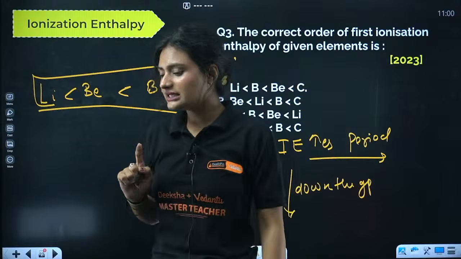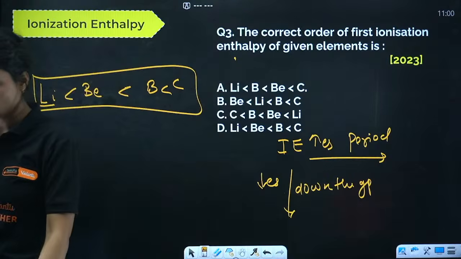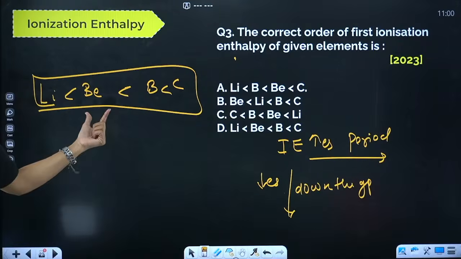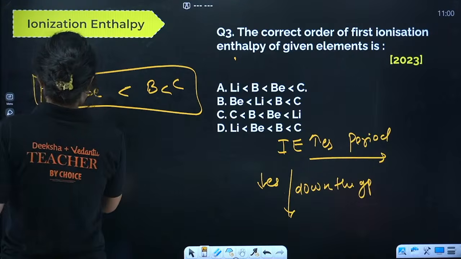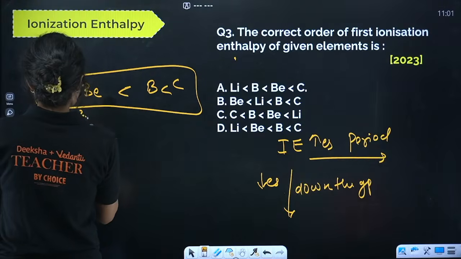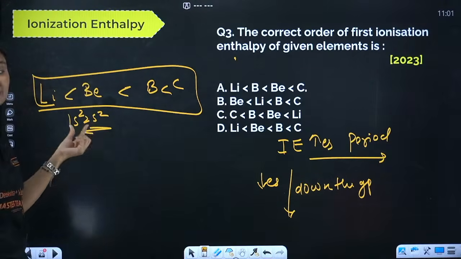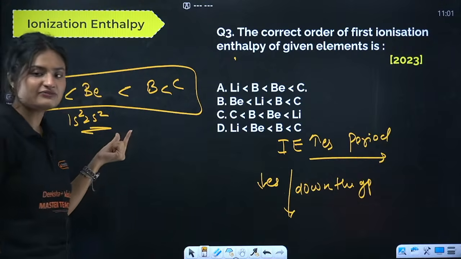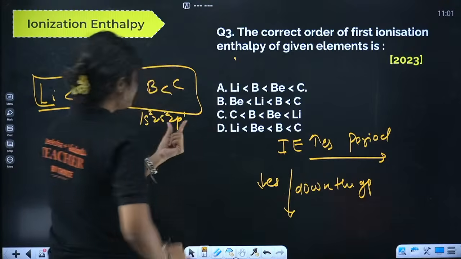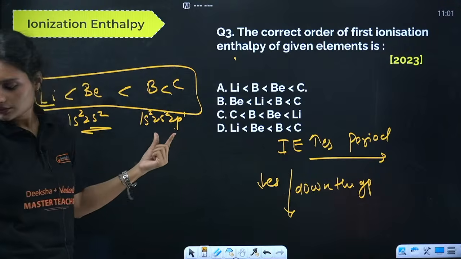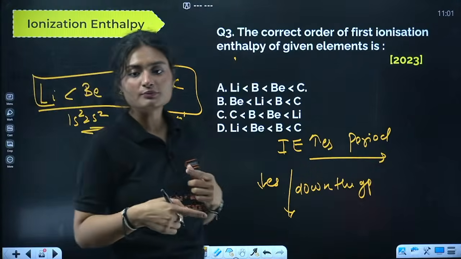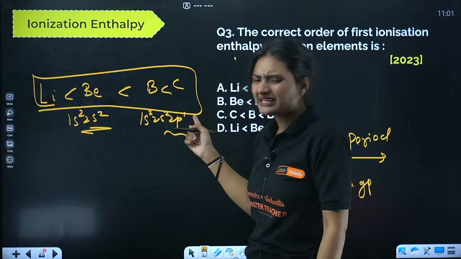Why? Because between beryllium and boron, beryllium has 1s2, 2s2, so it has a completely filled s orbital, while boron has 1s2, 2s2, 2p1. The electron we are removing is from the p orbital, and it has only 1 electron.